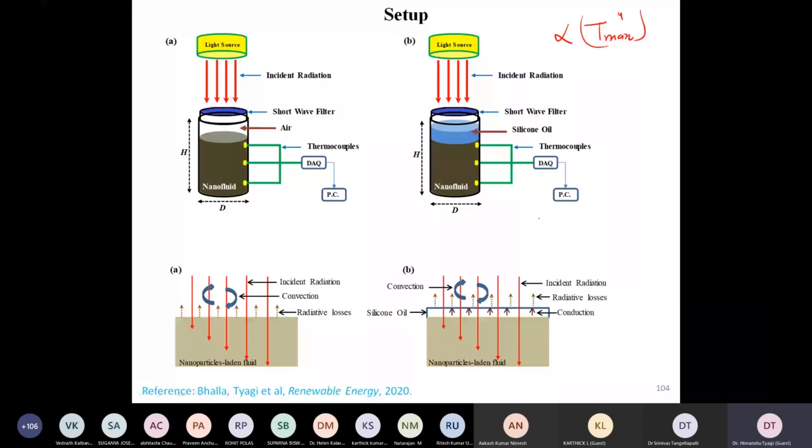The main idea behind it was that even within the nanoparticle-based experiment, if we add a thin layer of silicone oil on top, and I hope you are able to see this white portion over here, there's extra silicone oil present here, which has a very interesting characteristic.